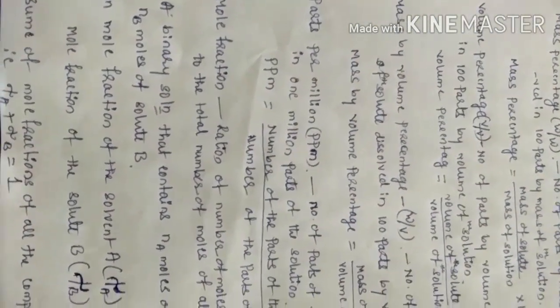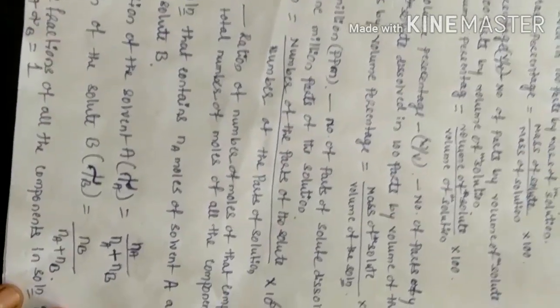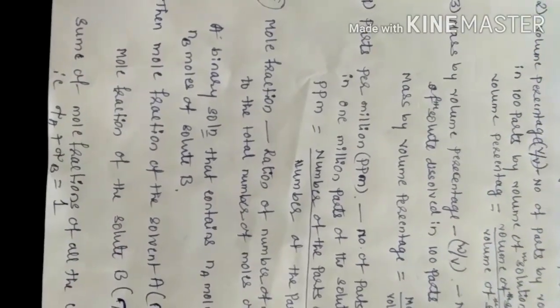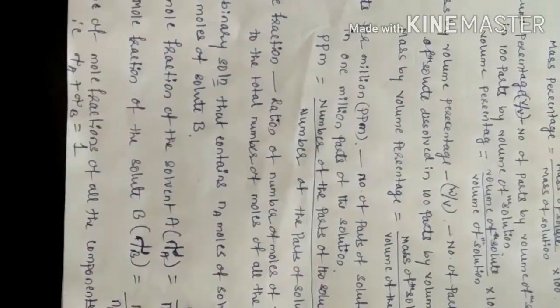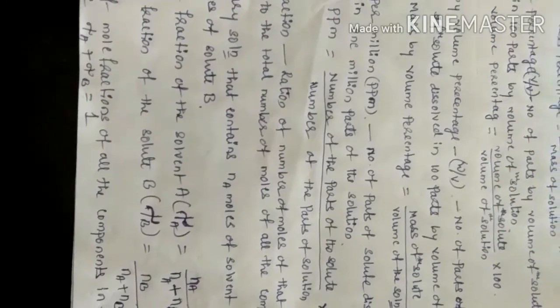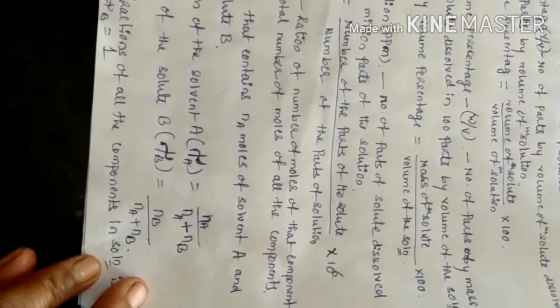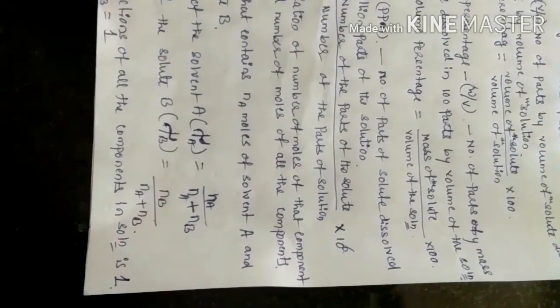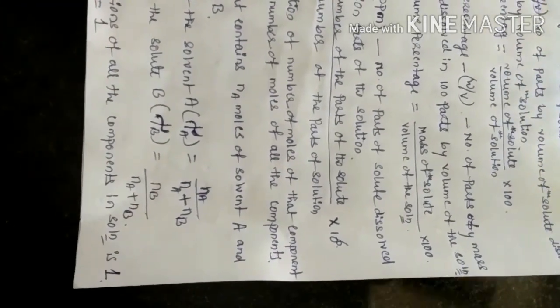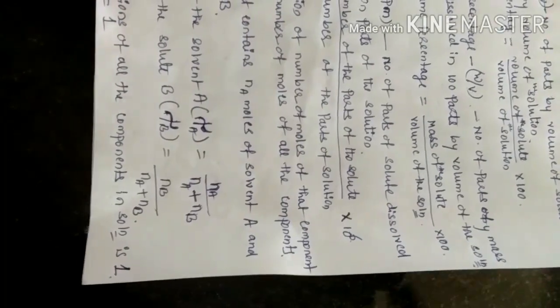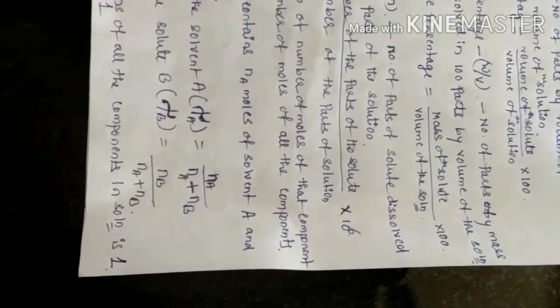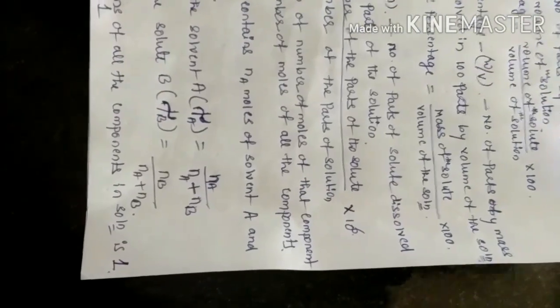Consider a binary solution that contains Na moles of solvent A and Nb moles of solute B. Then mole fraction of A, chi A, equals number of moles of component A divided by total number of moles of A and B. That is Na divided by Na plus Nb.